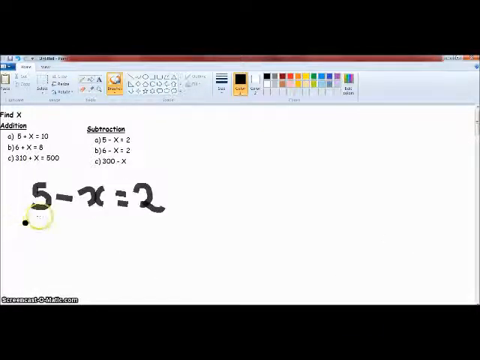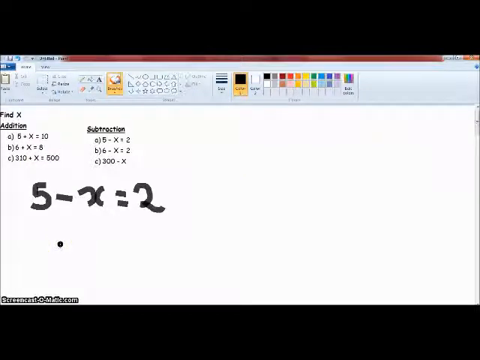Okay. So let us move on now to subtraction. So we have 5 minus x equals 2. Now listen carefully. This trick may help you to quickly solve these problems without having challenges. For addition, it is the number we were moving to the other side.